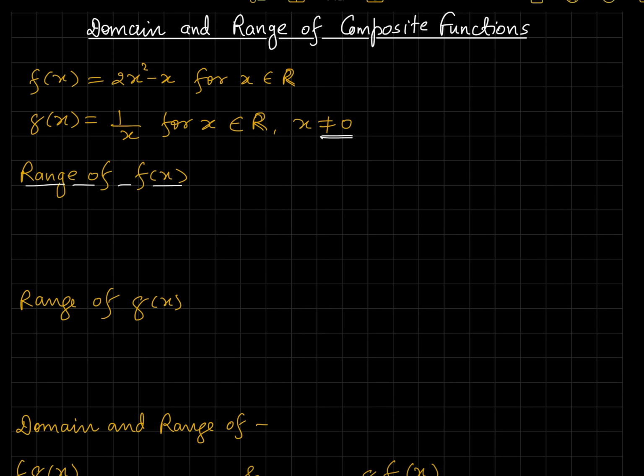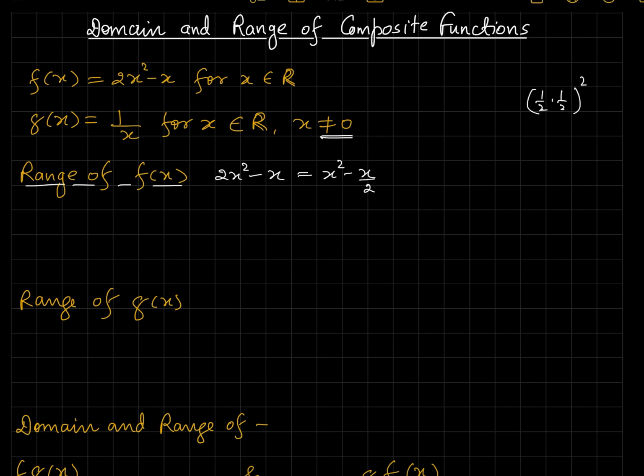If I do 2x squared minus x, first we divide by 2 to make the coefficient of x squared 1, so it would be x squared minus x by 2, and then add and subtract the square of half of the coefficient of x. The coefficient of x is 1 over 2, and the square of half of that is 1 by 16.